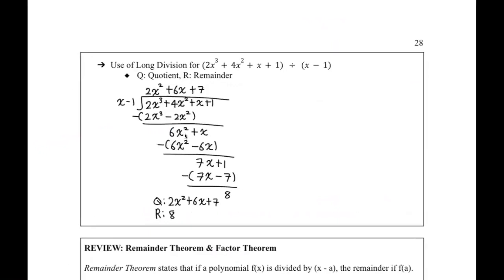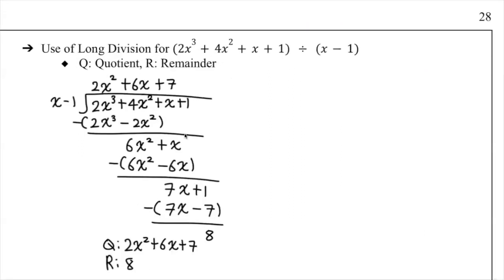So long division works just like how we do numerical divisions. If you think about how numerical divisions work back in elementary school, if you were to divide 27 by 2, you're first going to think, how many 2's can fit into 2?